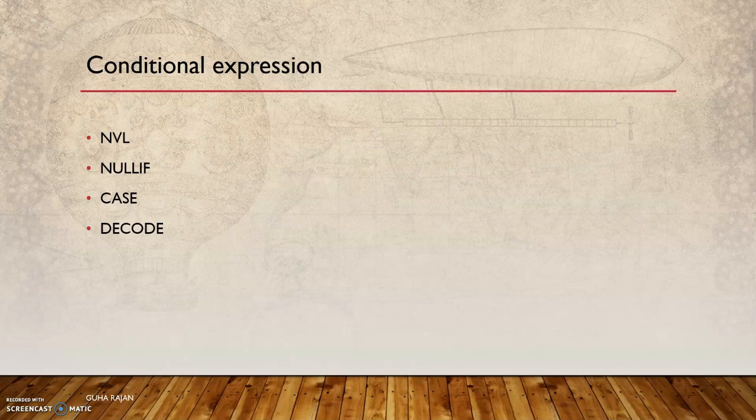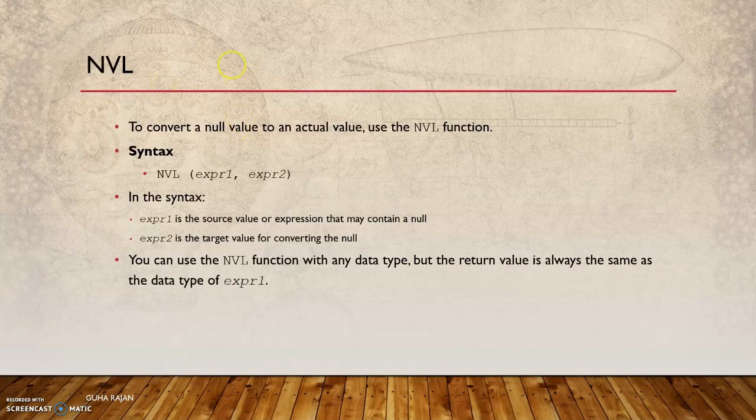And then conditional expressions: NVL, NVL2, then NULLIF, then CASE and DECODE. Once we take the example, you will understand better. So this is the syntax. NVL of expression 1, expression 2: expression 1 is the source value, and it may contain a null value.